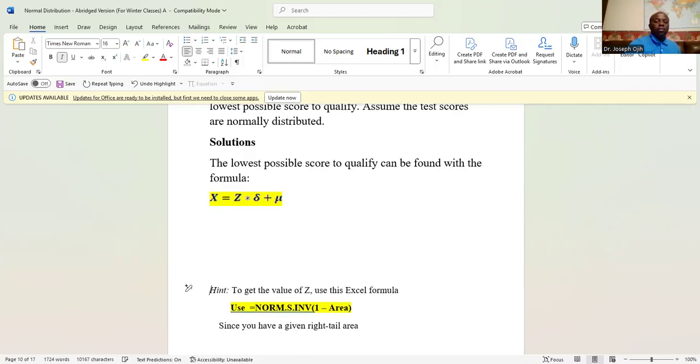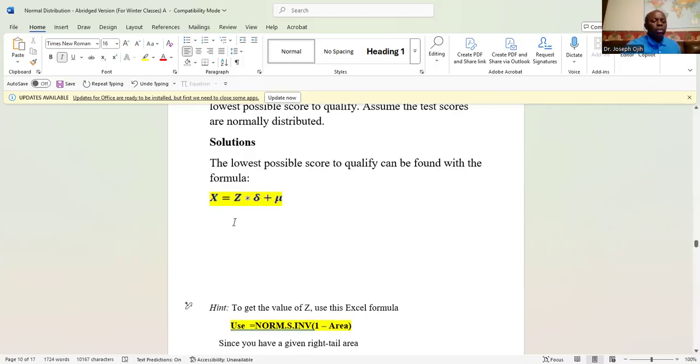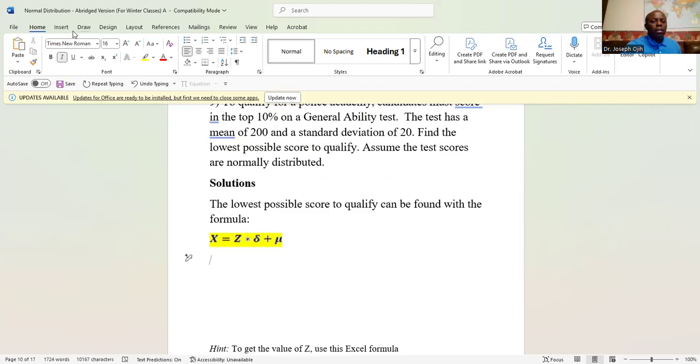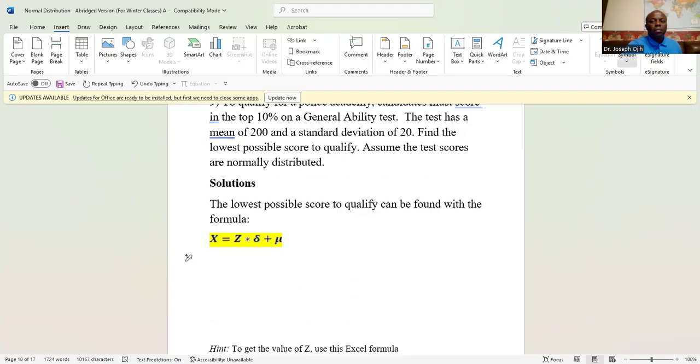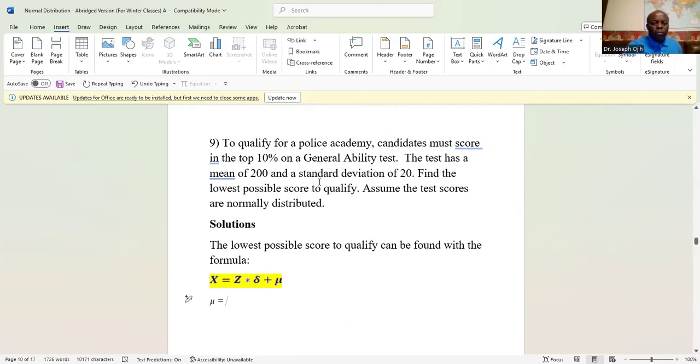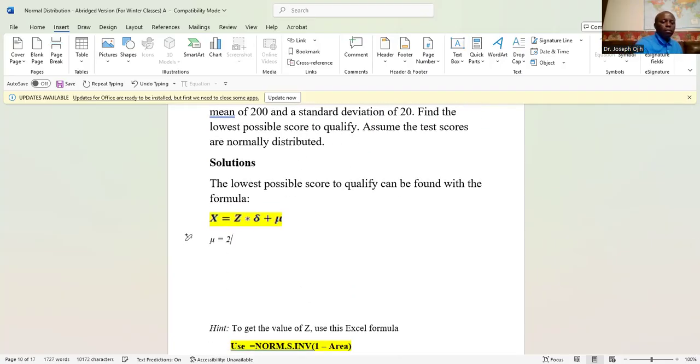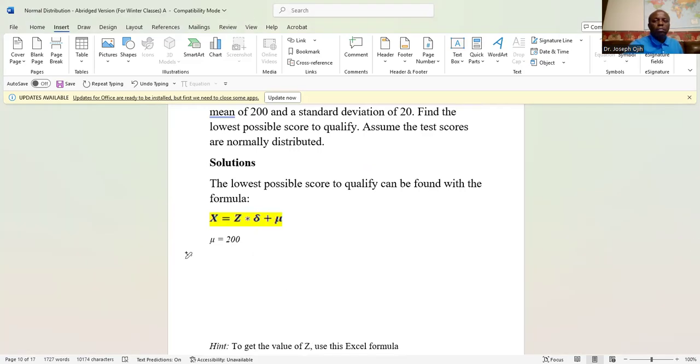Because when we draw this, we are told that the mean is equal to 200, and that the standard deviation is equal to 20.